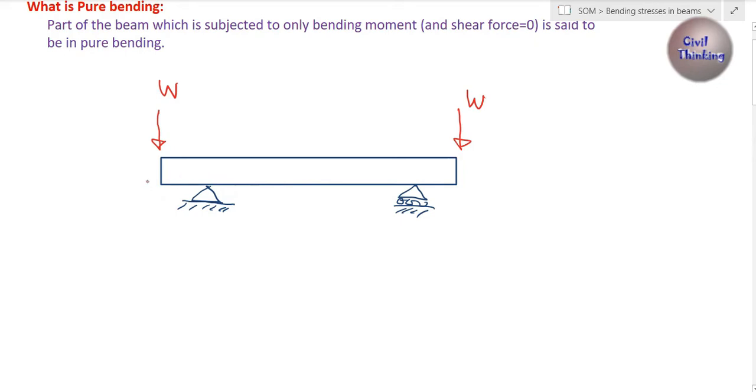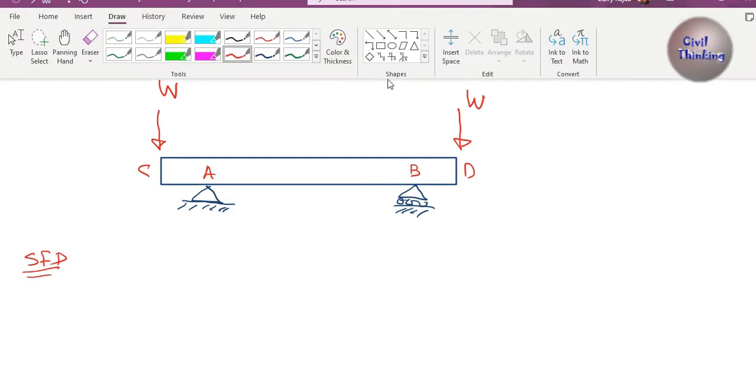Let this point be A, let this point be B, let this point be C, and let this point be D. Now let us draw the shear force diagram, SFD. Now if you don't know how to draw the shear force diagram, please watch my video lecture on how to draw shear force diagrams. First of all, we will draw some lines here.